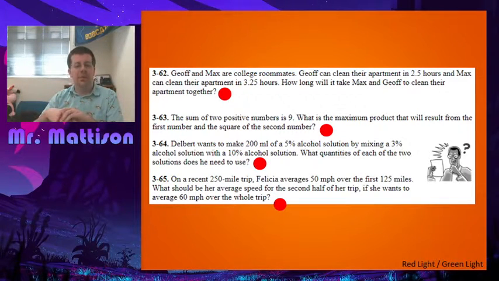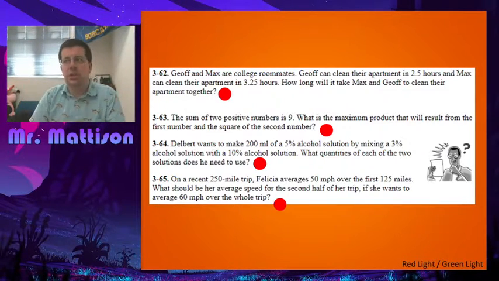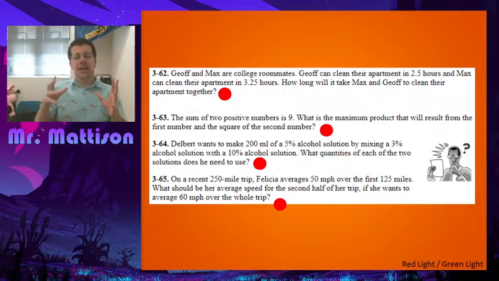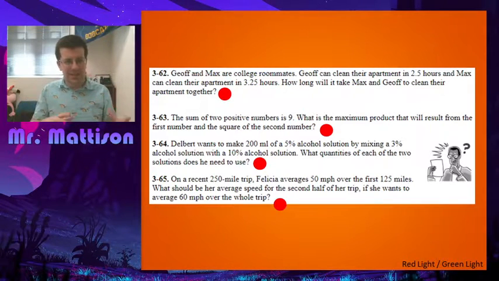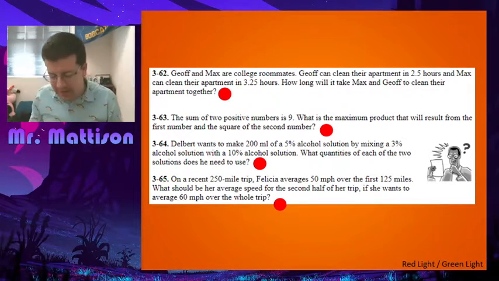Now, most people say, well, if I want to average 60, then I need to be going 70 because the average of 50 and 70 is 60, done, right? But it's different because when you're actually traveling, there's less time being traveled over that same distance, so it does actually affect things in that way.